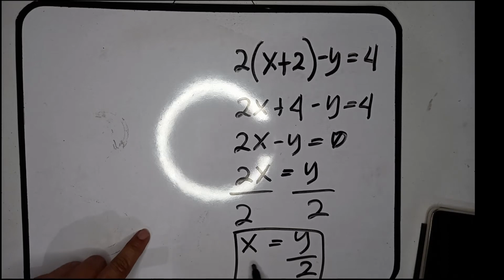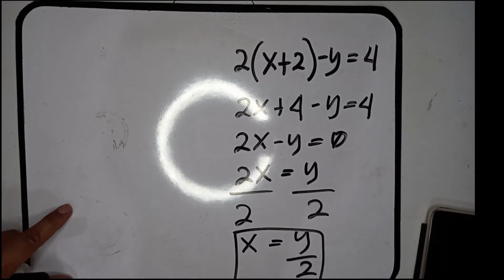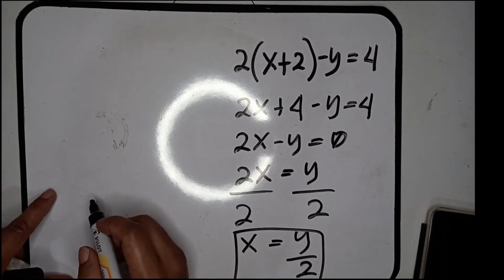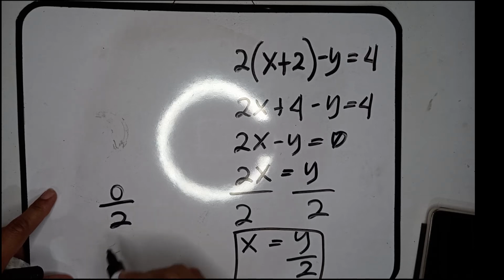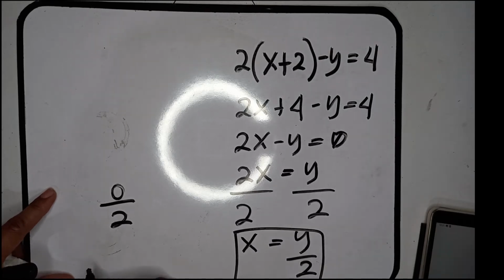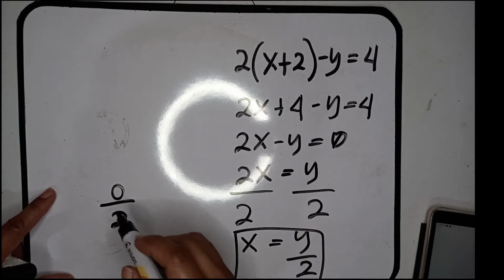Now our x is dependent on the value of y divided by 2. Okay, so let's apply the intercept method. So let's say our y is 0 divided by 2, and then 0 divided by 2, that is 0. So therefore, if y is 0, then x is 0.